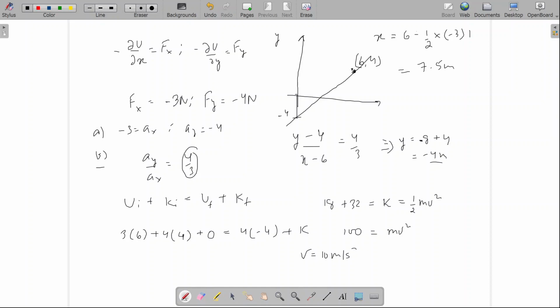So this is actually a plus sign plus minus 1.3. So this is actually 4.5 meters.